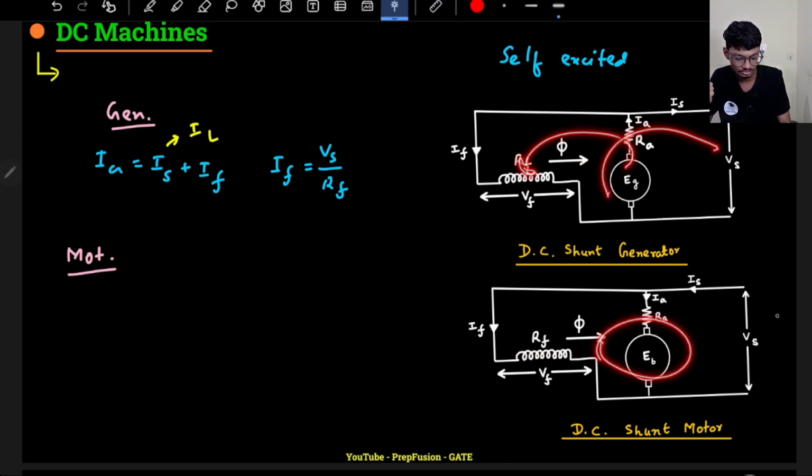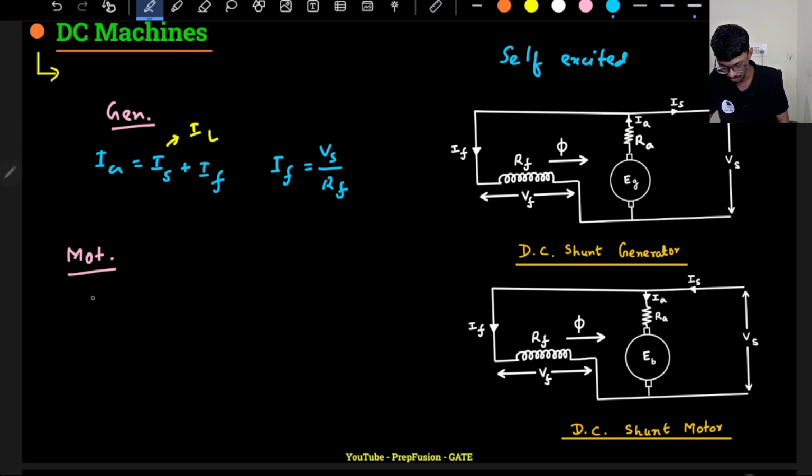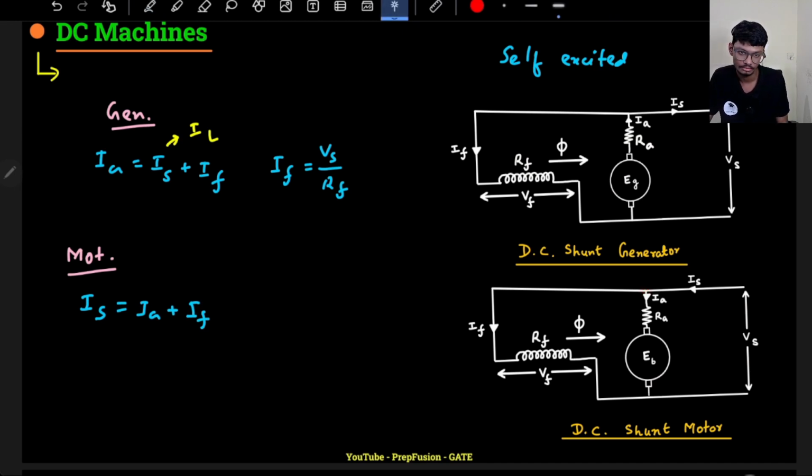Now the motor is the load, the supply is the supplier, so I will supply both the field current and the armature current. So for a motor, my IS will be equal to IA plus IF if I apply KCL in this node. What about the IF current?